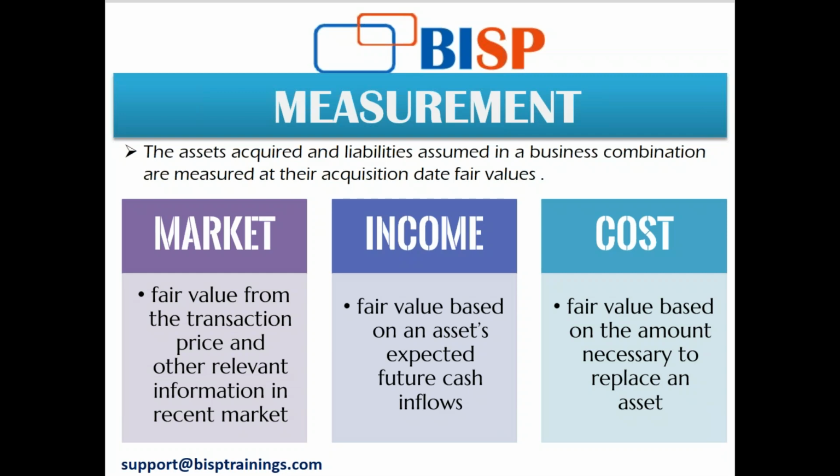Now we'll be coming down to the calculations part. As I said, after this remains goodwill. For my goodwill calculation, I will be using my consideration, NCI, and my goodwill.